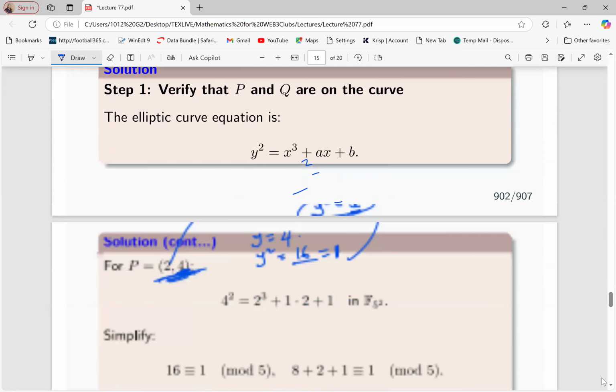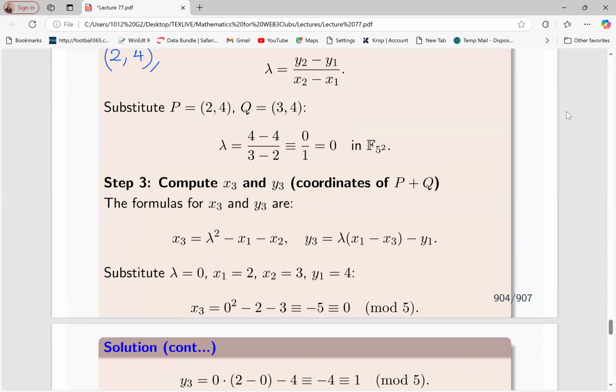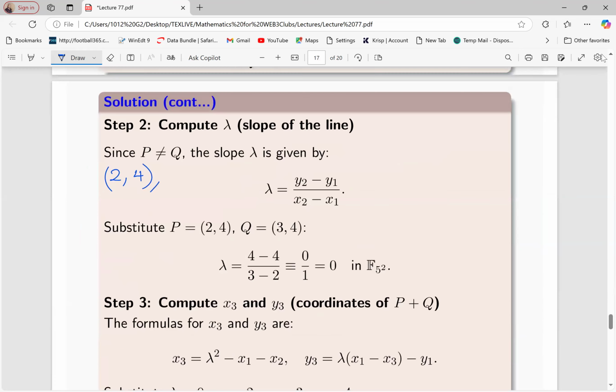They're not on the same vertical line. If this is the y-axis and this is the x-axis, 1, 2, 3, the first point is somewhere like here, at 2, 4, and the other one is somewhere like here.